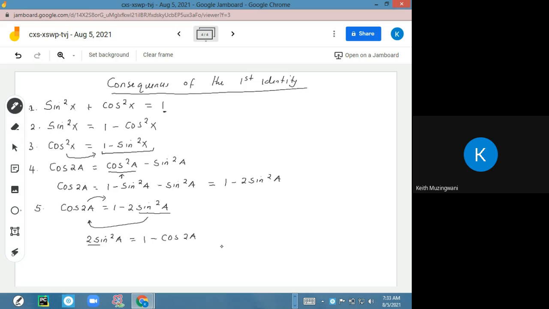And then we divide by 2. So what we have is sine squared a equal to 1 minus cos 2a over 2.